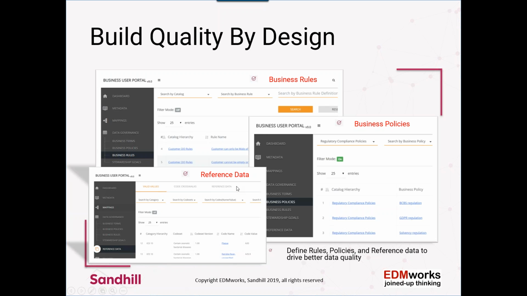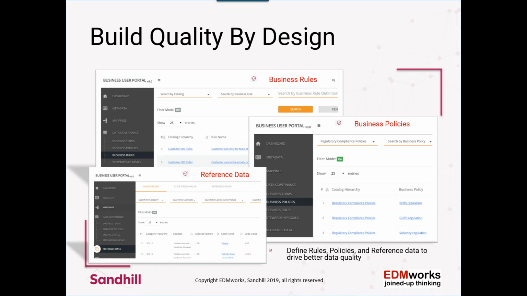And by reference data, what we could, for example, be talking about is making sure that when we define the gender of a person, we have a predefined list of values that we are constrained to using in there.